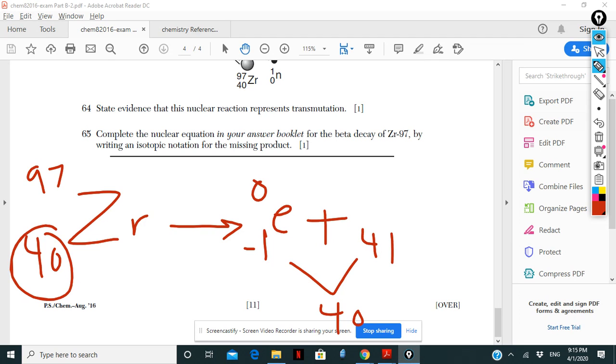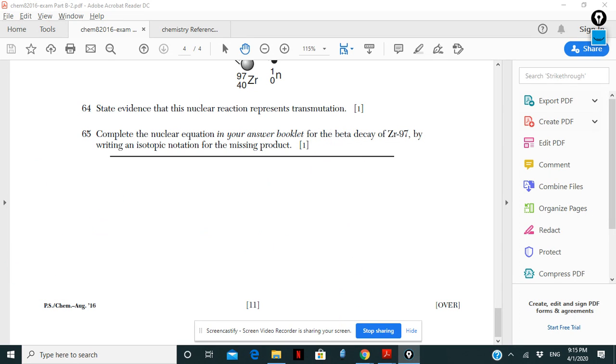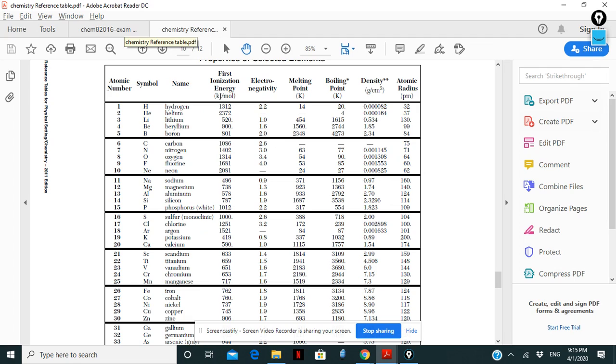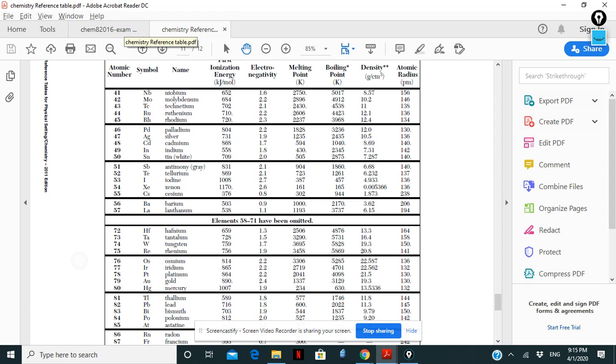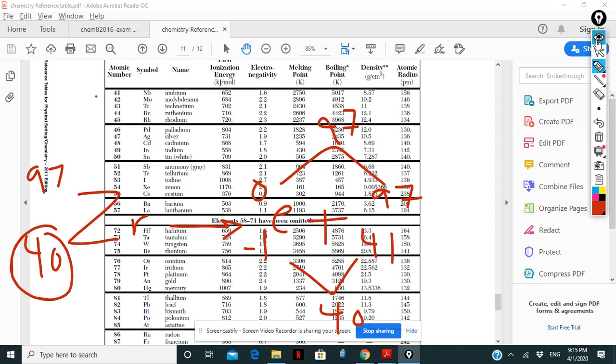It's 41, and the sum here should be 97, so here is 97. What I need to do now is go to the reference sheet looking for the element that has 41. It's, as we see here, niobium, so I'm going to write Nb.